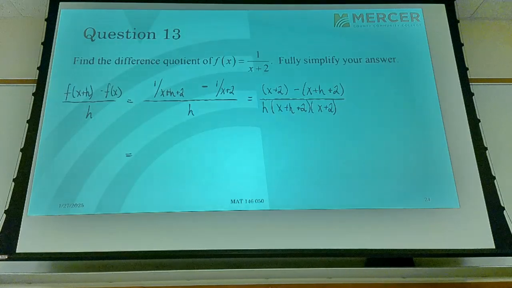We have an x minus x. That's 0. 2 minus 2 is 0. So in the numerator, aren't we just left with a minus h? And you have h over h.